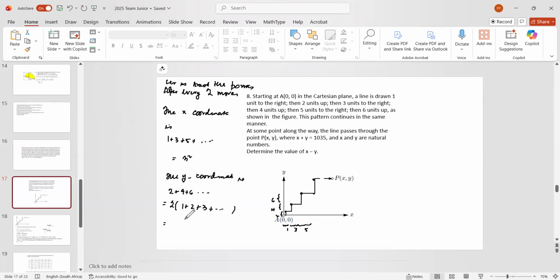And we know that the sum of the first n natural numbers is n into n plus 1 over 2. So this is just n into n plus 1. Okay, what does this mean? It means that the x-coordinate is n squared, the y-coordinate is n into n plus 1.